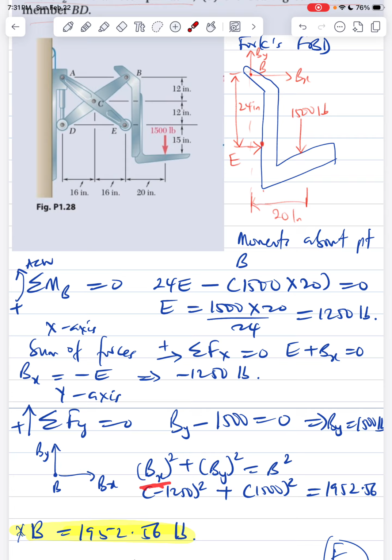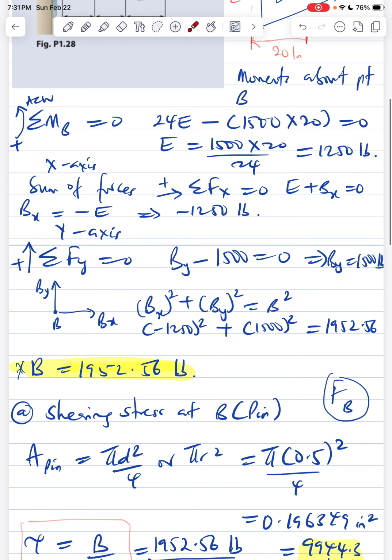We say Bx squared plus By squared equals B squared. When you square, this turns all positive, and we get 1,952.56 pounds, and that's the force at B.